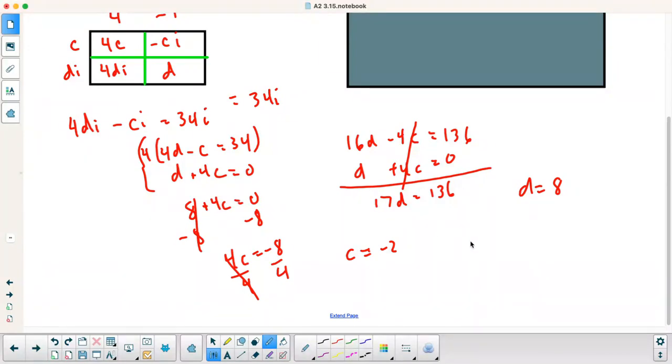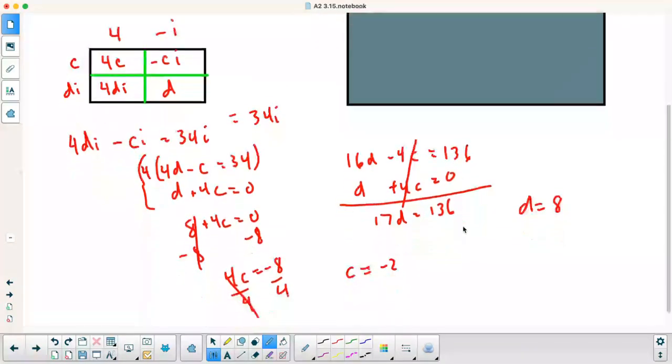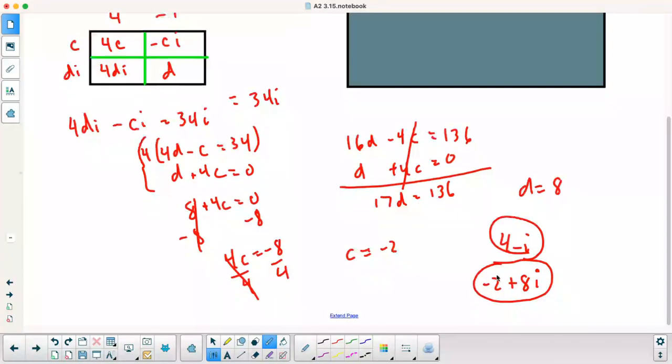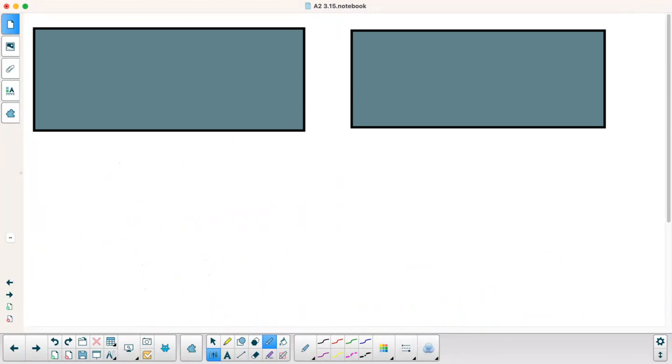So your answer is, what are the two complex numbers? Well, the one was given to us basically after we asked enough questions. The other one is going to be negative 2 plus 8i because the d goes with the i. All right, kind of tricky there, but good question to get our brains moving. All right, on to the next one.